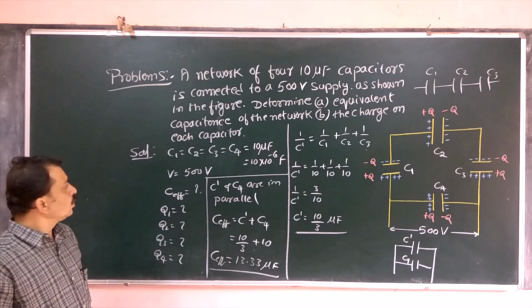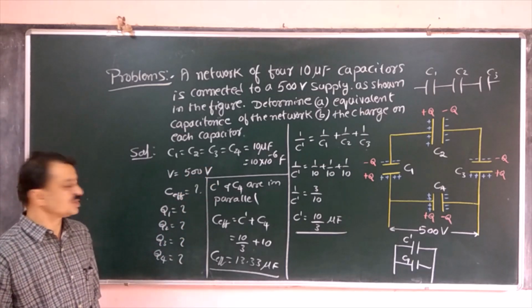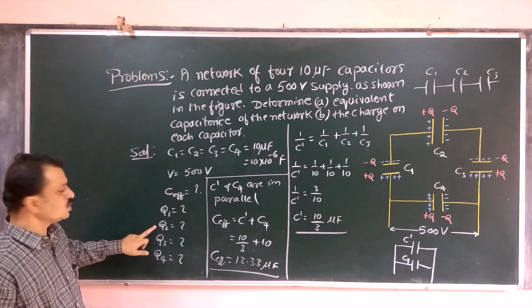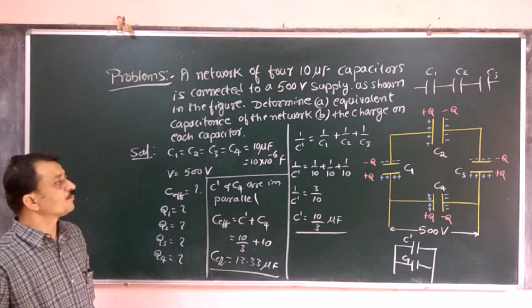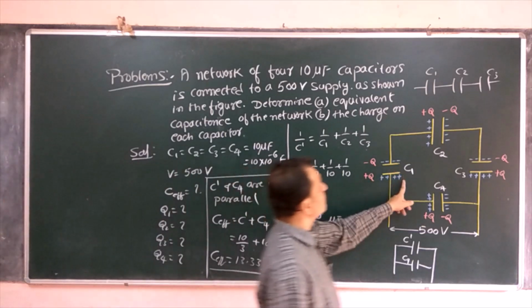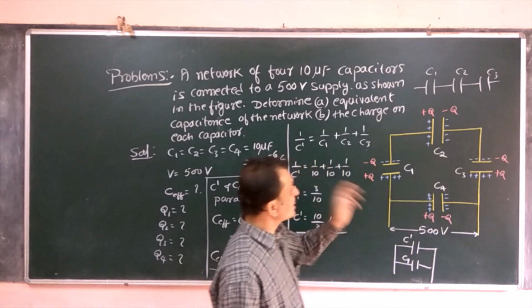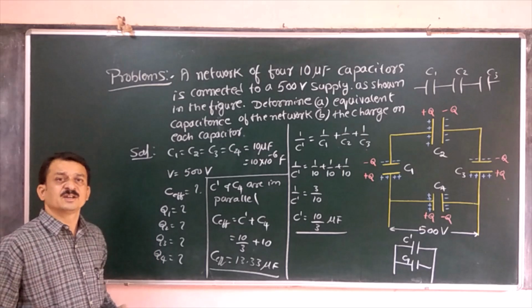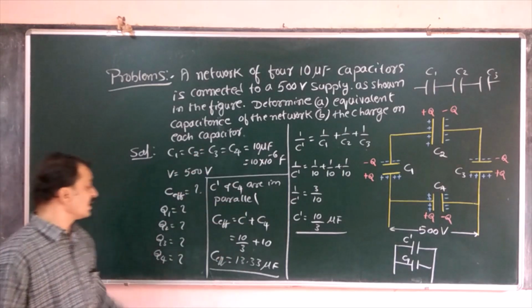Now we have to work out what is the charge stored on each capacitor. Now Q1 is the charge on the first capacitor, Q2 on the second, Q3 on the third, and Q4 on the fourth capacitor. Now here C1, C2, C3 are connected in series. In series, the charge on each capacitor is the same.